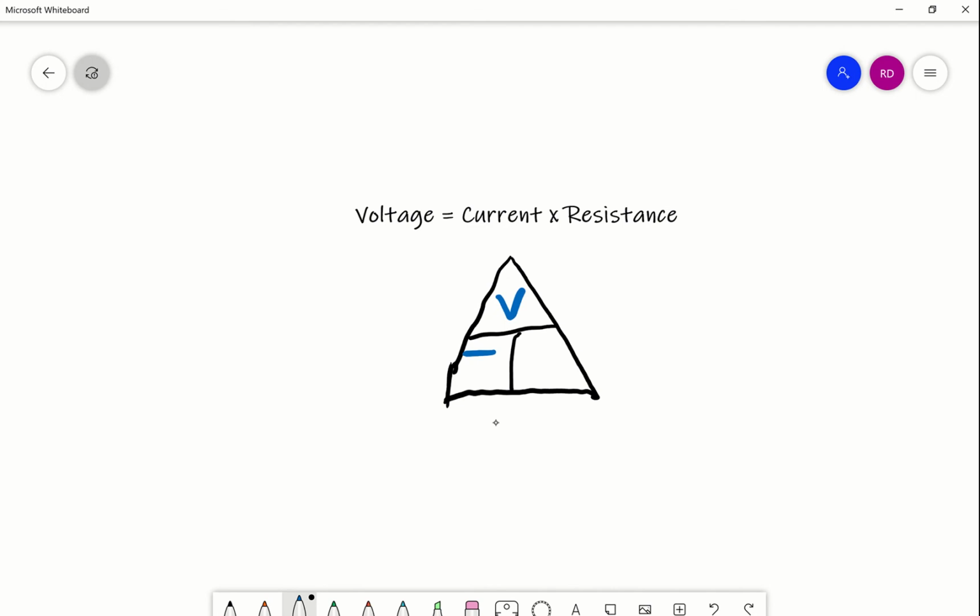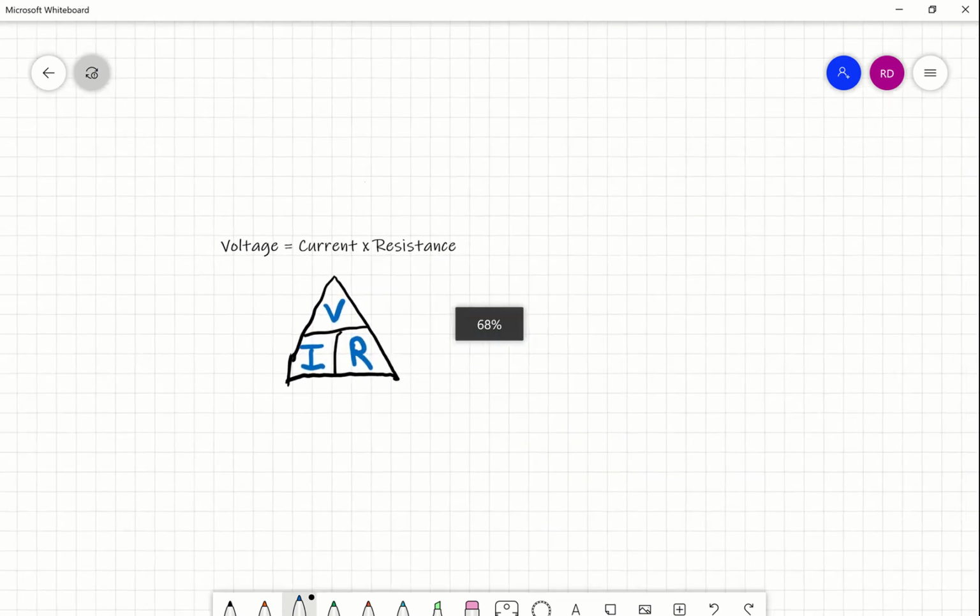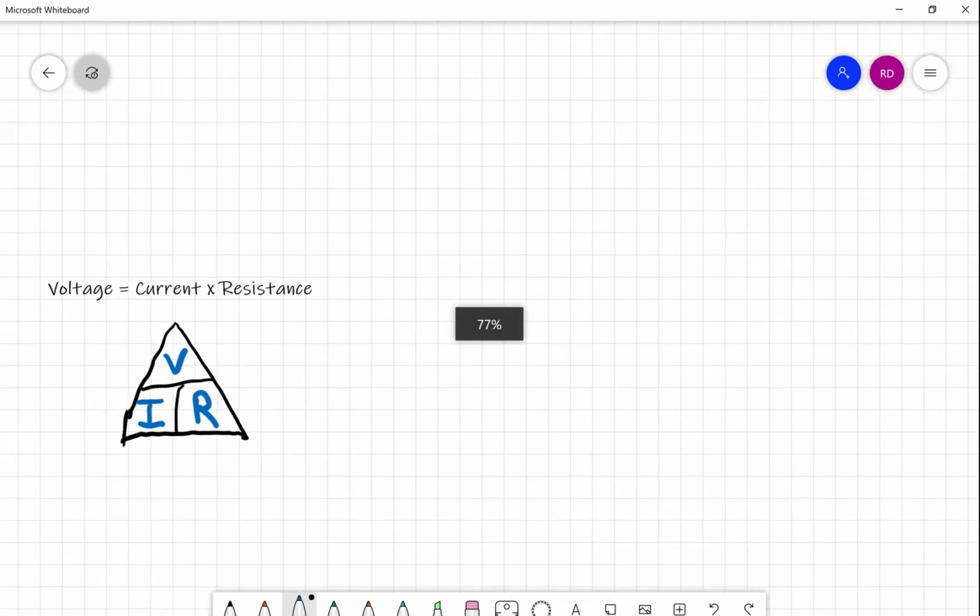Then we have our I for current and R for resistance. Okay, and I gave the explanation that if I was to cover V here, if we wanted V, I'd cover that, and that would obviously be current by resistance. If I wanted resistance, it'd obviously be V over I, and vice versa, whatever way we want it. Remember that current is measured in amperage, and then resistance is obviously in ohms, okay? So that's just the basics of Ohm's Law starting off.